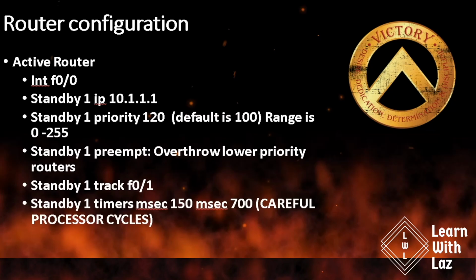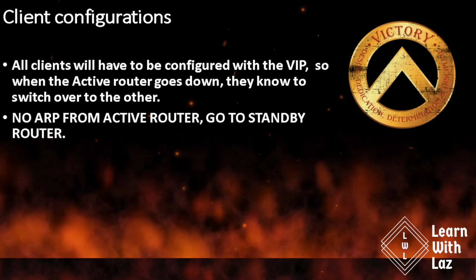As far as the client configuration, basically, they just need to know your virtual IP address, which is going to be the gateway for the clients. So they'll have that virtual IP, because that VIP is going to go on every router. When you create your active and standby routers, that virtual IP address will be on every router.